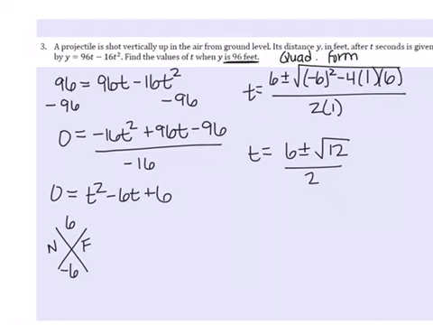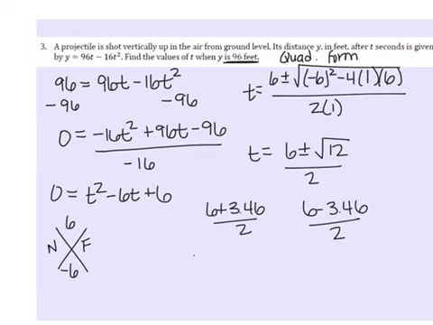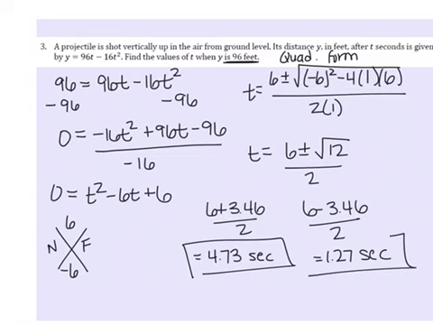So I got 6 plus 3.46 divided by 2, and 6 minus 3.46 divided by 2. So I ended up getting an answer of 4.73 seconds and 1.26 or 1.27 seconds. Both of these are positive, so both of these would be okay answers.